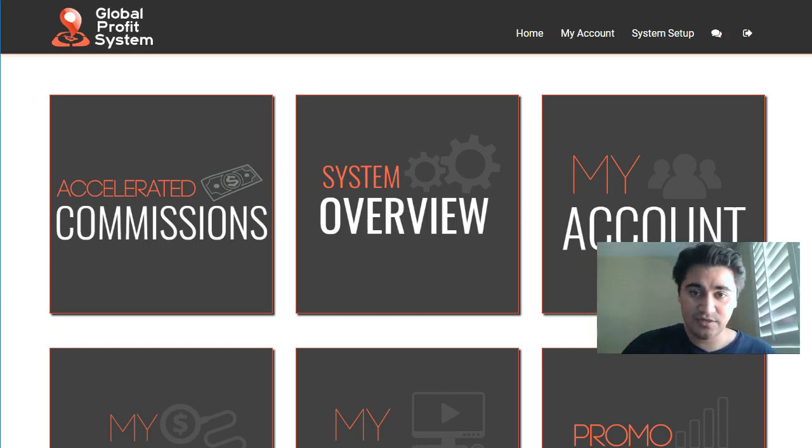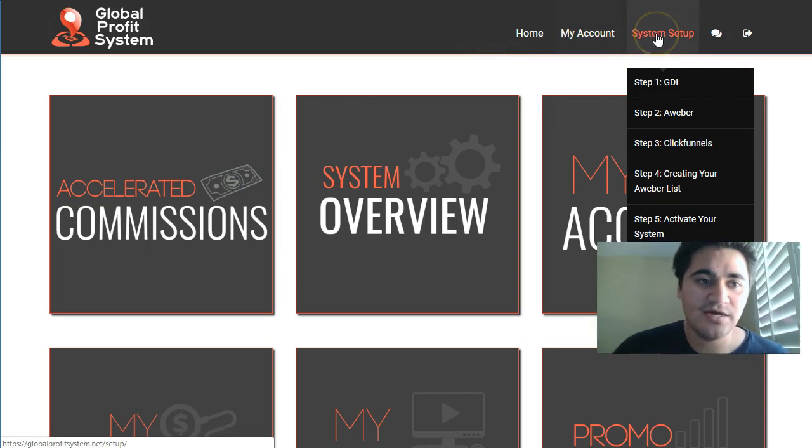Like I mentioned, there's 3 income streams. So let me show you guys what is inside of the global profit system. Inside are GDI, Global Domains International, the first income stream. Second income stream is Aweber. GDI, by the way, deals with domains, and I'll just say that to keep it short. Aweber is, of course, a list building service.